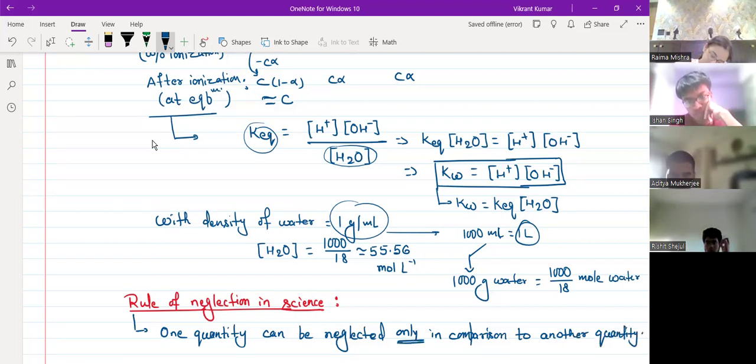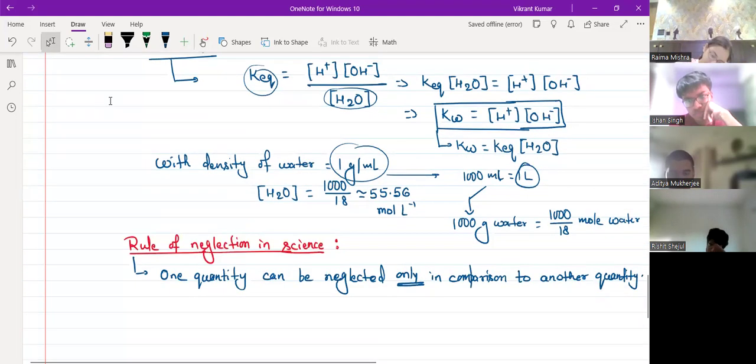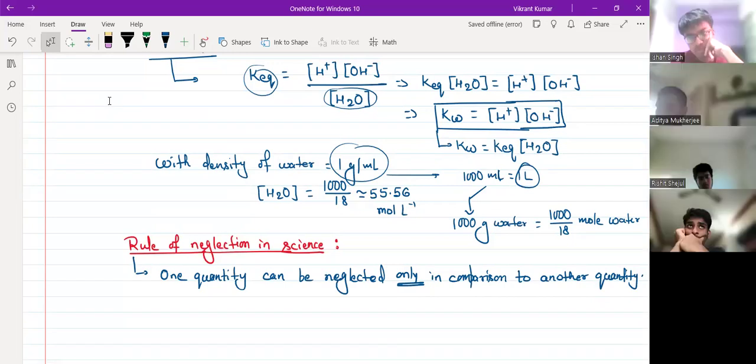Okay. So the first thing is, whenever we have a plus or minus b, only then will we talk about neglecting b in a. Absolutely, b will never be neglected. Like if I have b upon a plus b, I will never neglect b at the numerator, because b is not in comparison to anything.